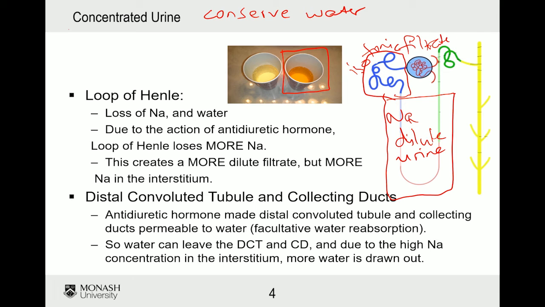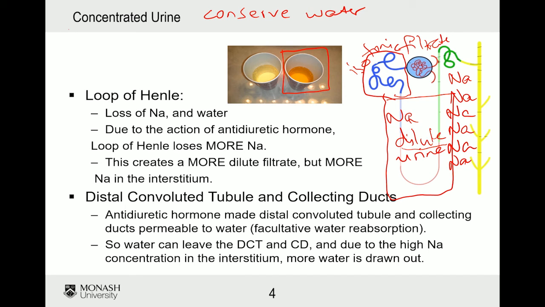So we have a dilute filtrate coming out of the loop of Henle, and in this case, when we're trying to make concentrated urine, we actually make a more dilute filtrate from the loop of Henle. It does this by reabsorbing sodium ions into the interstitium. This we will use later to concentrate the urine.